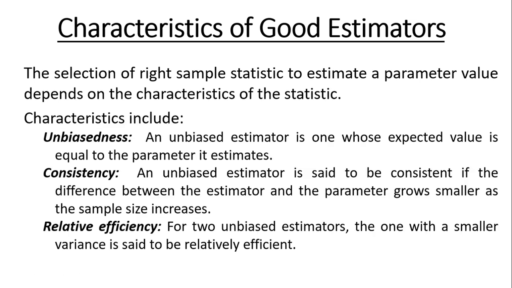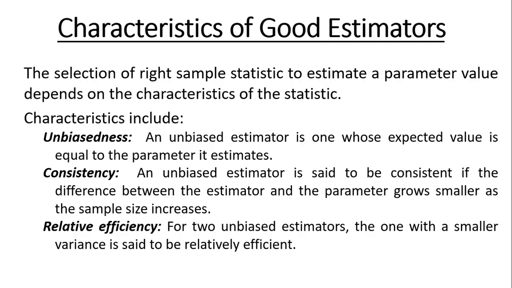So before we go into details, what are the characteristics of a good estimator? Any estimate that is good must possess these important properties. One is unbiasedness. Unbiasedness means that the expected value of that statistic must be equal to the parameter of that population.